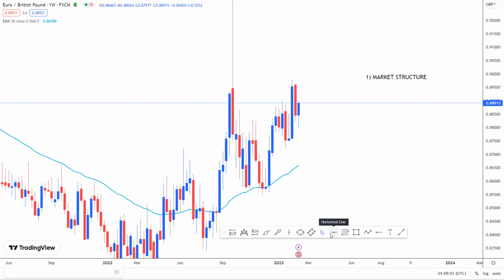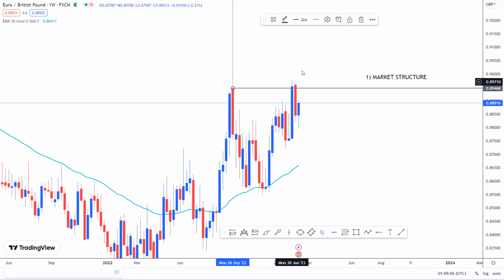Having seen price make a new high, that is higher than the previous high. So as you can clearly see, this is the previous swing high, this is the previous swing low, and then we have the higher high and the higher low.